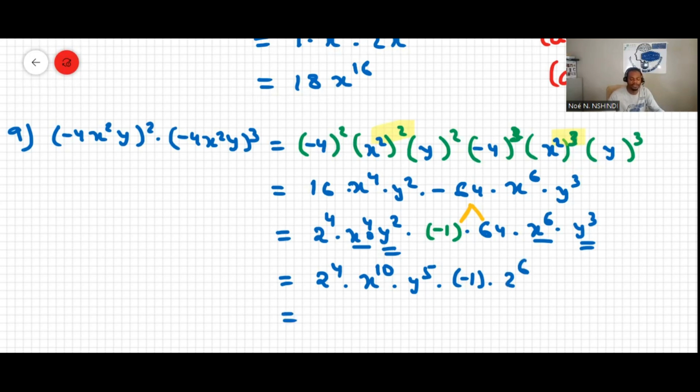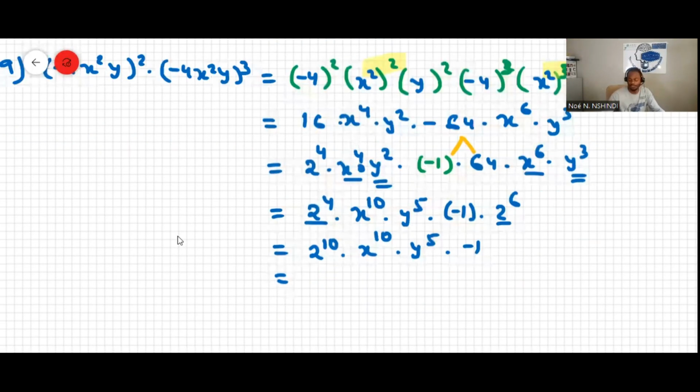Then we can combine 2 to the power of 4 and 2 to the power of 6, which makes 2 to the power of 10, multiplied by x to the 10, multiplied by y to the 5, multiplied by negative 1. So 2 to the power of 10 is 1024, multiplied by negative 1 will be negative that, and then x to the power of 10, y to the power of 5. So that's question 9.